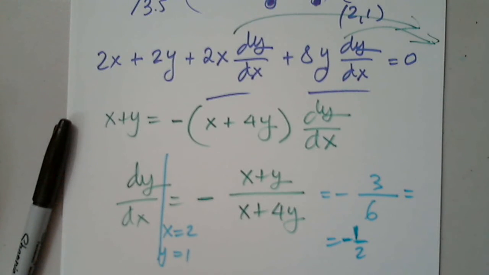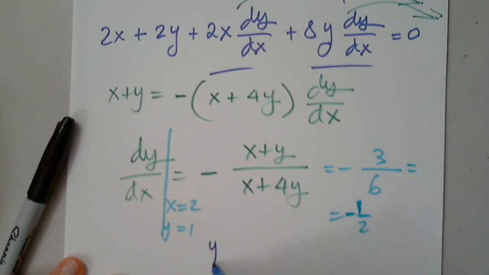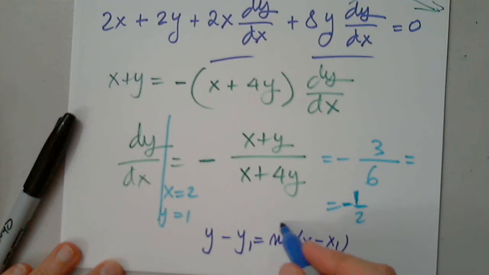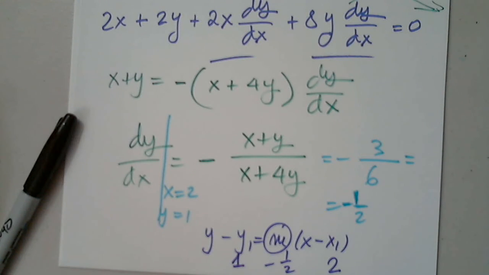Once again, 2 plus 1, 3. 4 plus 2, 6, negative 1/2. So then the equation, and I'll let you finish that one. So it's y minus y1 equals the slope times x minus x1, where this is negative 1/2, x1 is 2, y1 is 1.